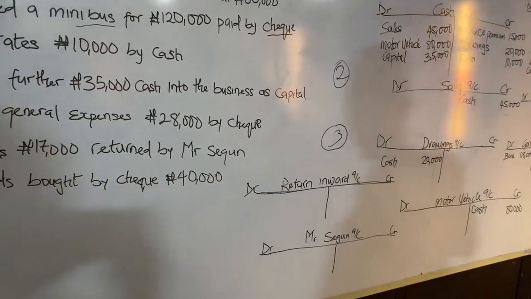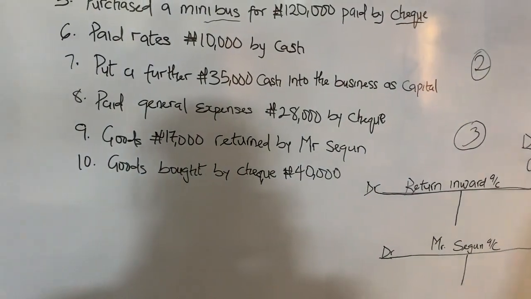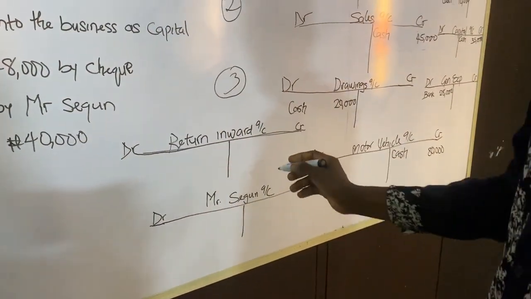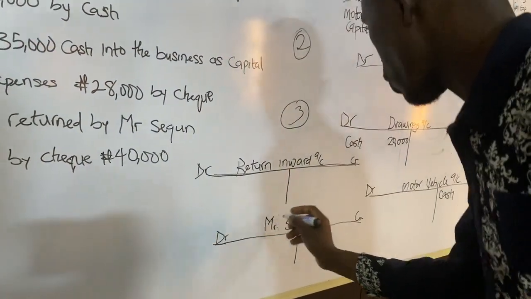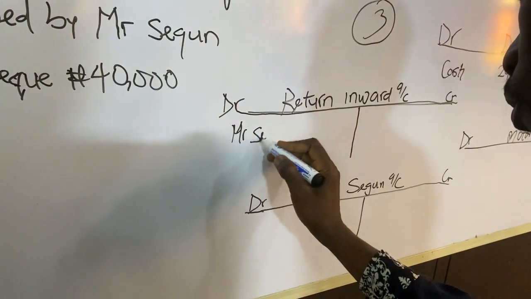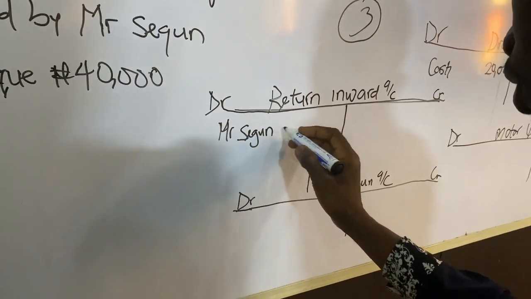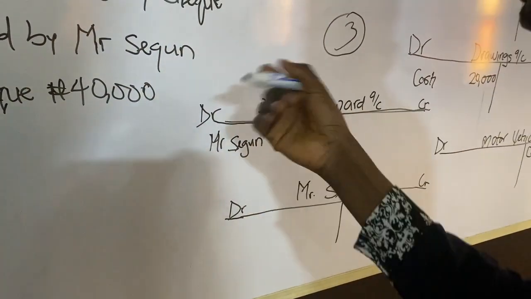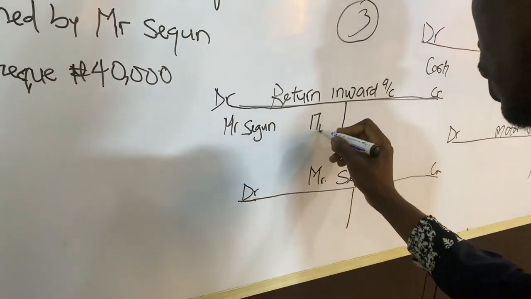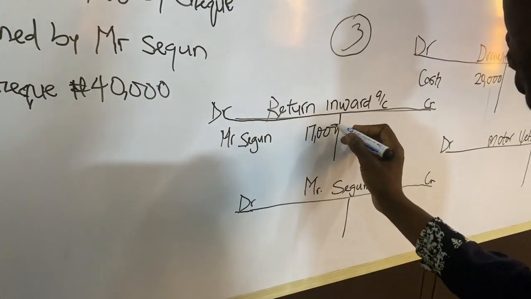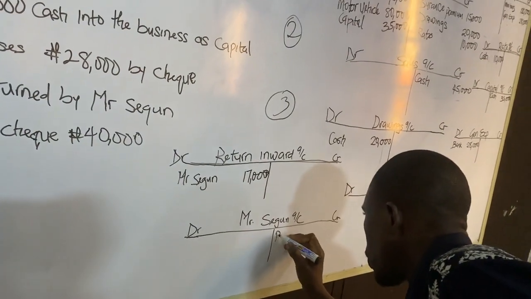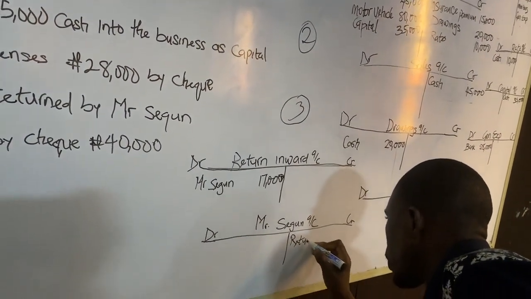Return inward has increased in value, and Mr. Segun has to reduce. So, how much do we have? In return inward, by Mr. Segun, we have Mr. Segun, because your return inward account will increase if you return something. So this account will increase by 17,000 naira, while Mr. Segun's account, because he has returned it, will reduce by that same amount, 17,000 naira.